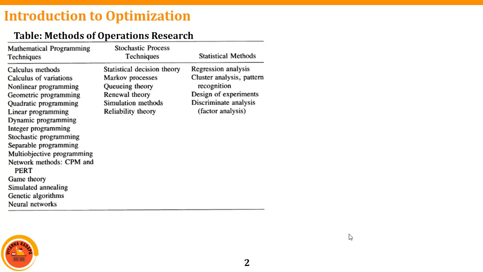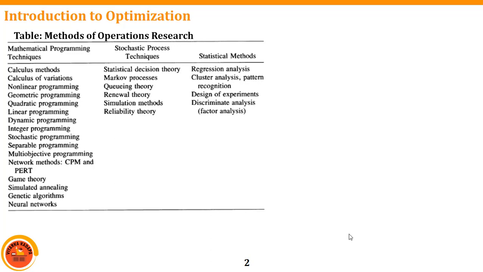In mathematical programming techniques, there are nonlinear programming, geometric programming, linear programming, dynamic programming, multi-objective programming, and sometimes the critical path method. Like that we have multiple programming techniques. We apply an objective function, mention constraints and boundary conditions for it, and try to optimize this function.